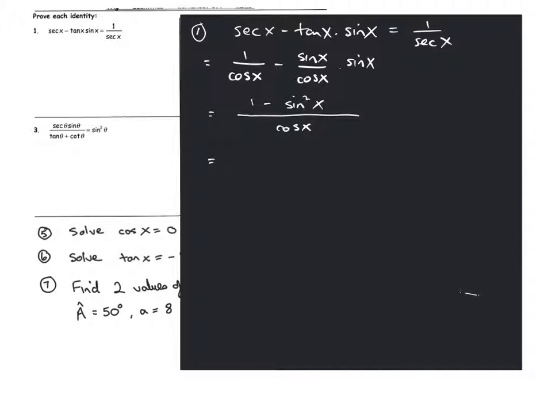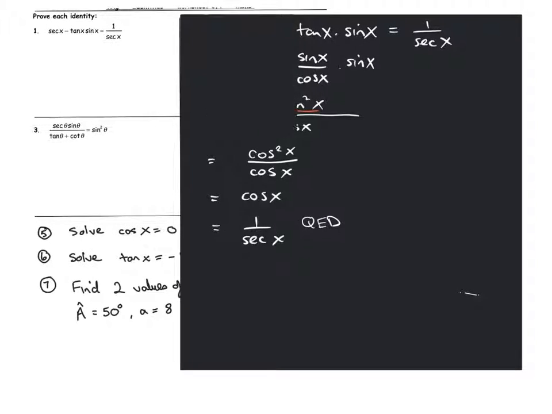And 1 minus sine squared here equals cos squared. And cos squared over cos equals cos x, and we know that cos x is 1 over sec x. And that's a little QED, quod erat demonstrandum.